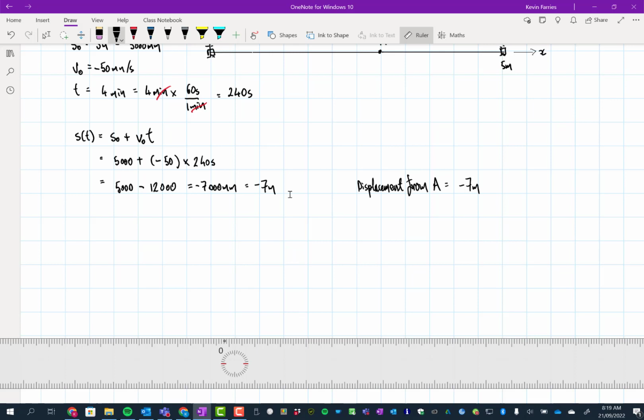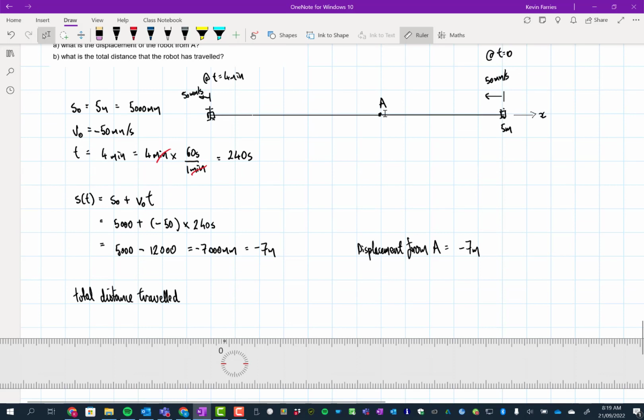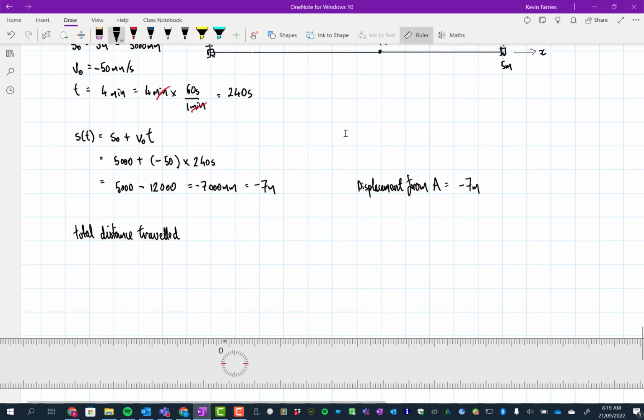And the total distance traveled, so distance is not a vector, and we're not interested in the position relative to A, displacement from A. So displacement from A is basically the position relative to A. That's what it's talking about. But the total distance traveled is just going to be that 12 meters.